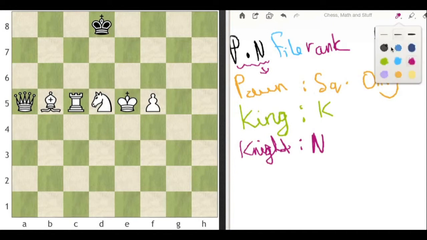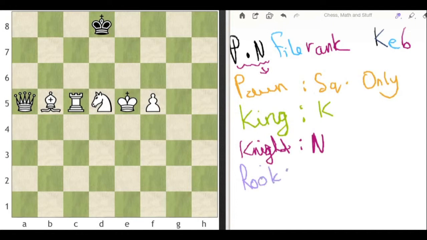Then moving on, let's do this in purple. So this is your rook. Rook is simply, you guessed it, R. As simple as that. And you can probably guess what's going to come for the next two. I'm just going to go over them real quick.